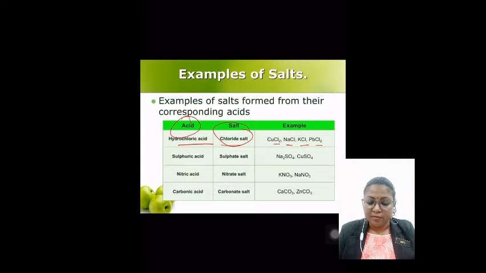This information will help you to determine the solubility of the salt. So, hydrochloric acid will give you chloride salt. Sulfuric acid will give you sulfate salt. Nitric acid will give you nitrate salt. Carbonic acid will give you carbonate salt. So, you can check on the formula. You have the particular salt in that.